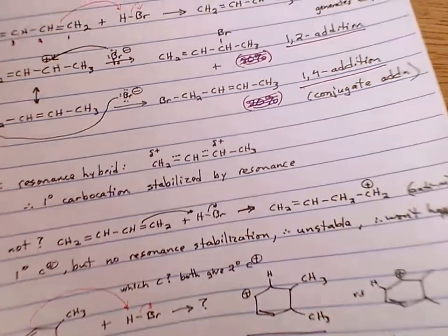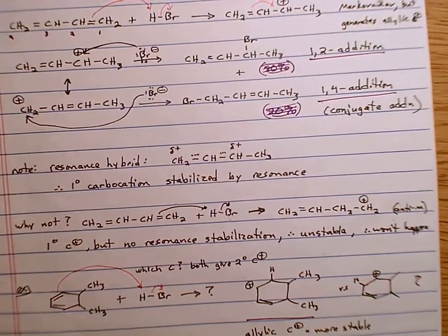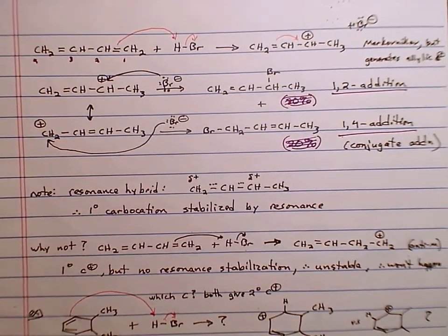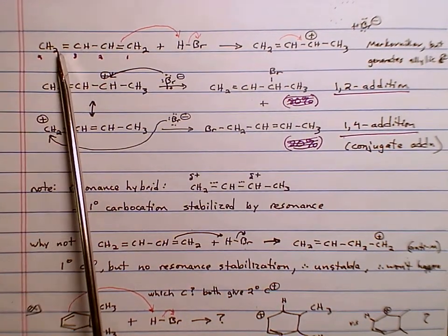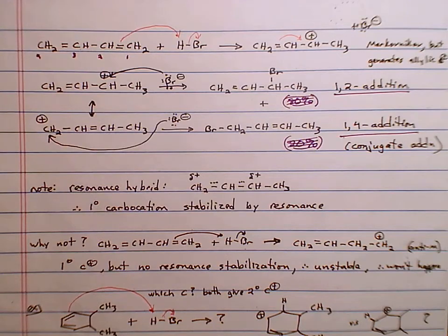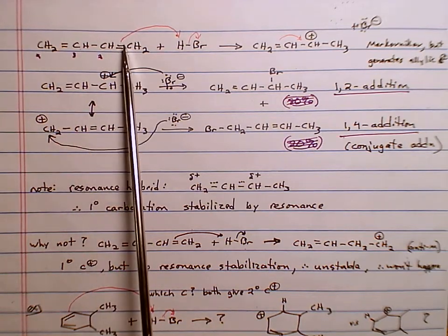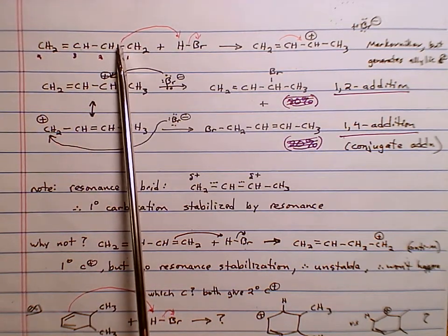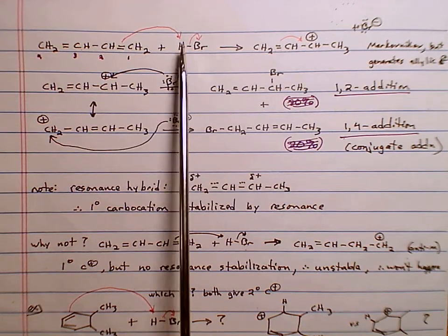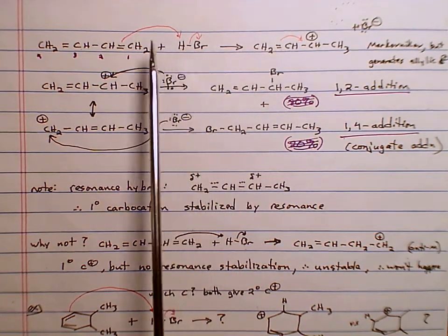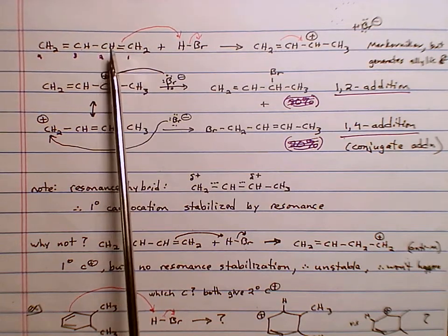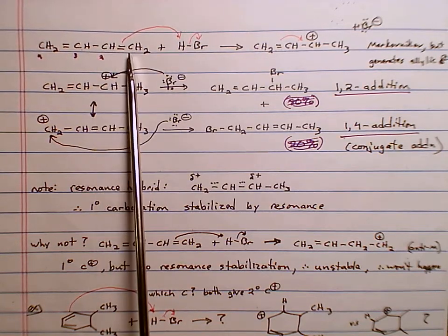So let's now look at the situation where we have a conjugated double bond. So we have double bond, single bond, double bond here, and the pi bond will attack the hydrogen, given the Br minus. And the question is, which of these two carbons will get the hydrogen?